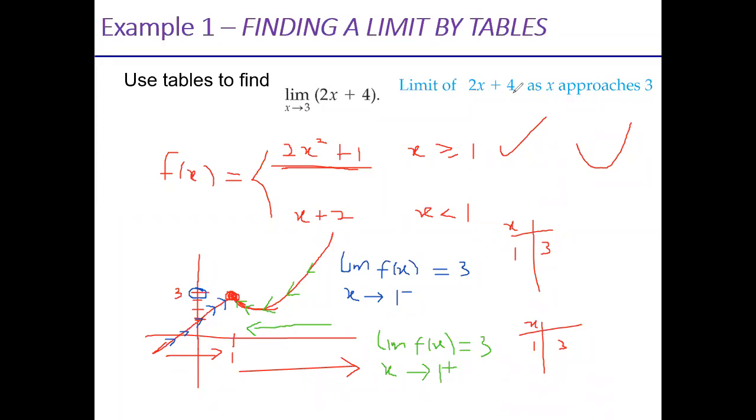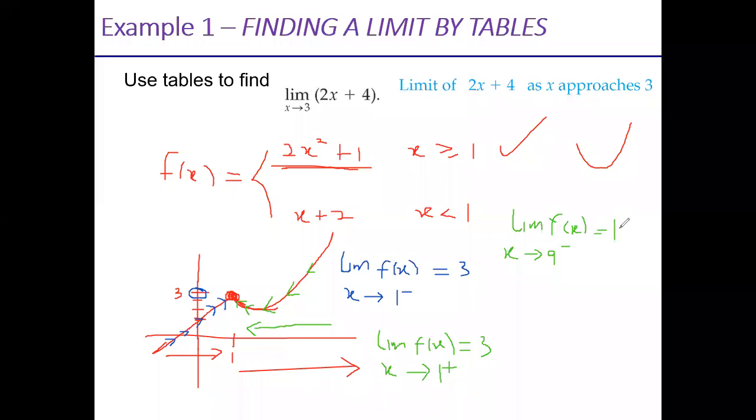And anytime we have such a scenario where the limit of f of x as we approach a point, say A, from the left hand becomes equal to the limit of the function as x approaches A from the right hand, we say that the limit exists.